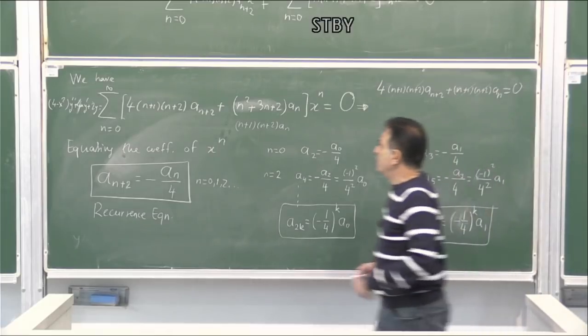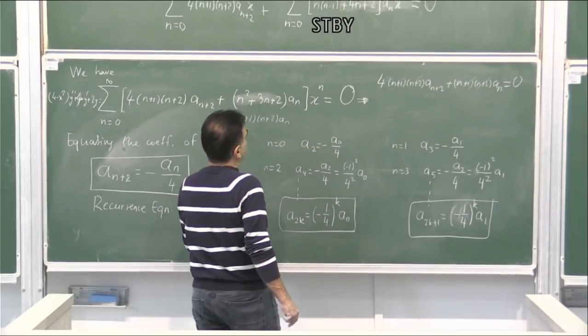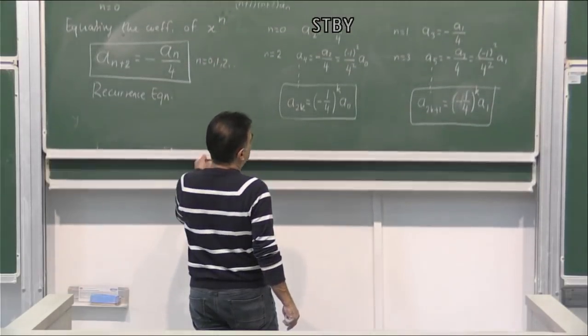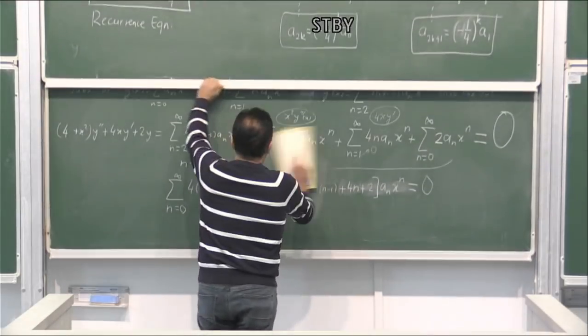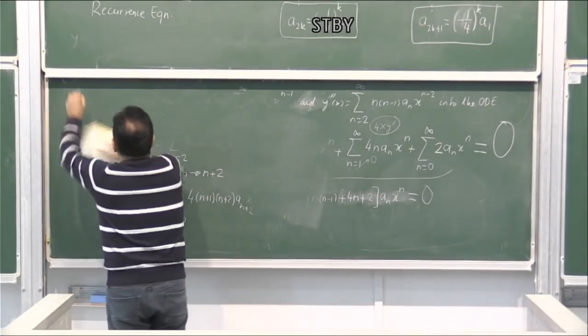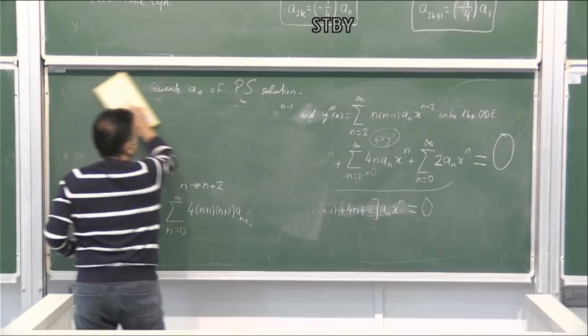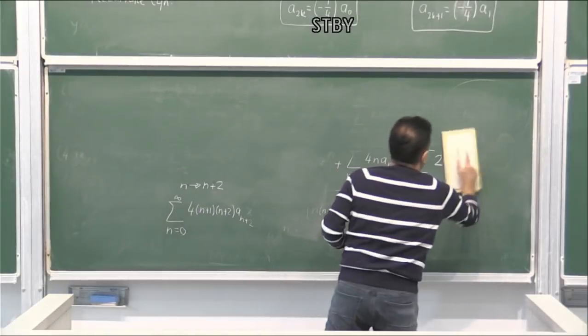Okay? So again, we split the series into two parts and use that result for the coefficients.